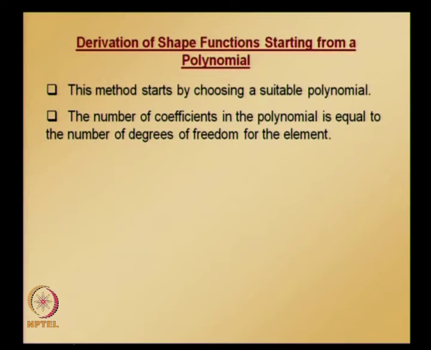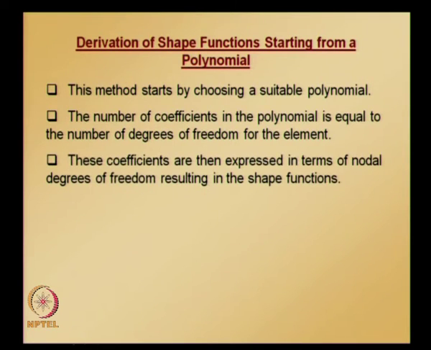So here, if we want to derive shape function for quadratic element, we need to start with a polynomial having three coefficients, that is a0 plus a1x plus a2x squared. These coefficients are then expressed in terms of nodal degrees of freedom, resulting in the shape function.